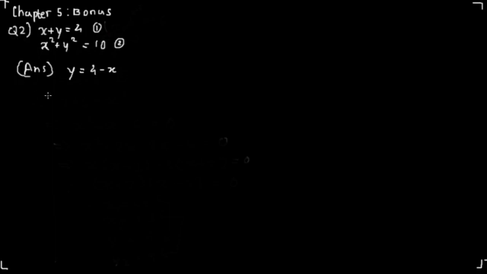So that means x squared plus y squared is actually just x squared plus (4 minus x) squared, which is equal to 10. So from here, what can you conclude?